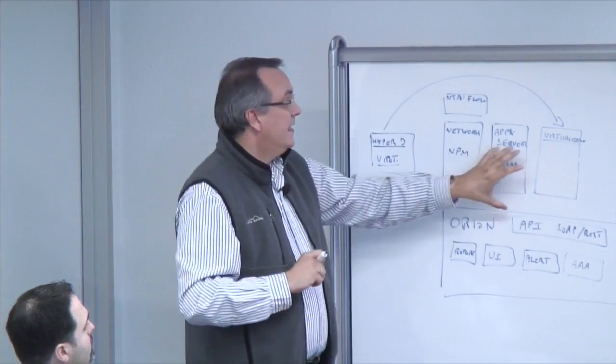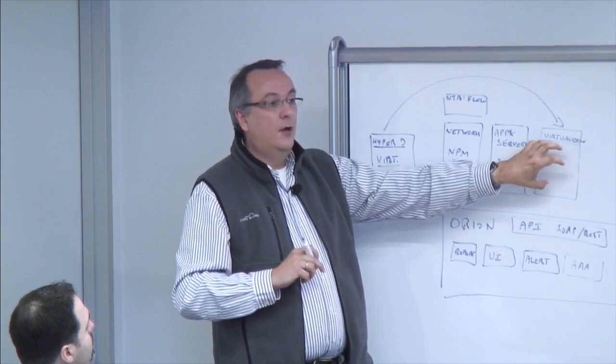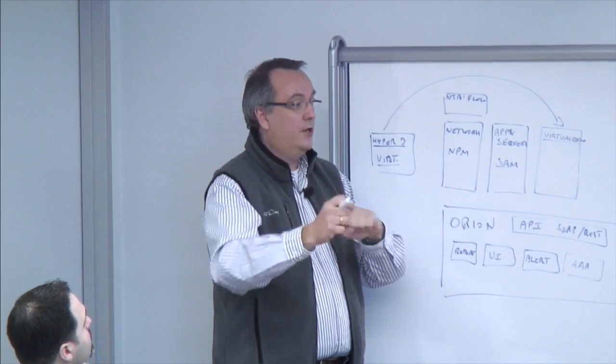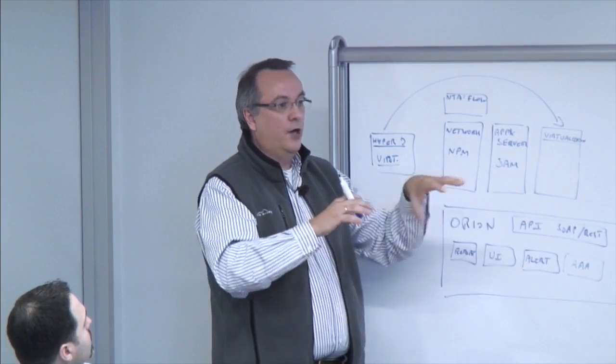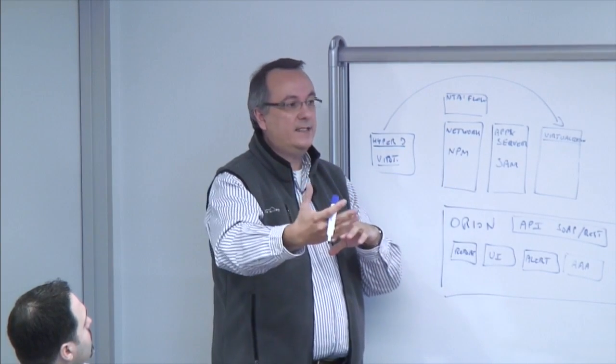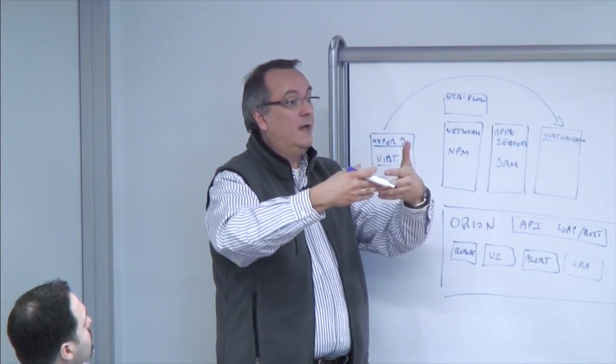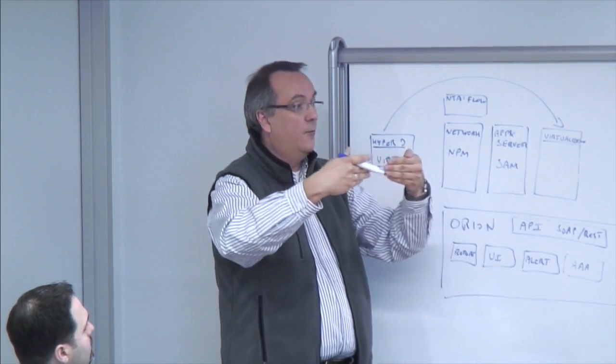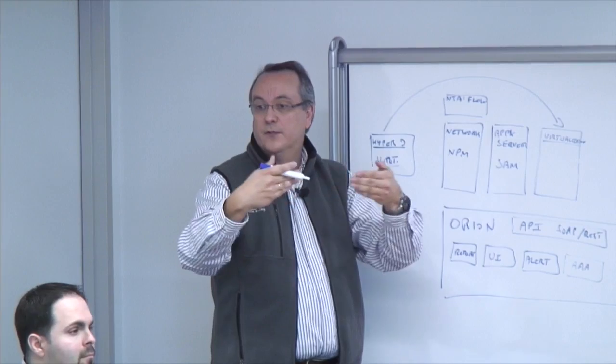So for instance, if I've got a VM or a hypervisor identified by the virtualization product, and the app and server product is monitoring the OS on one of those VMs, well, guess what? We know that that OS maps to a VM coming from the other one, and bang, we have a link between those entities.